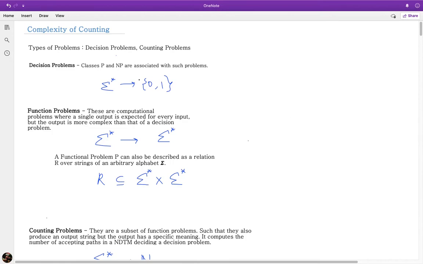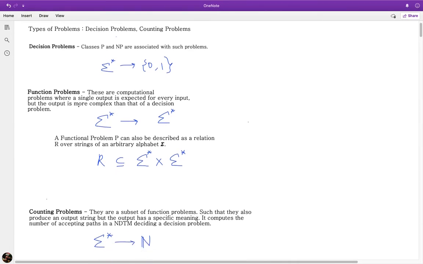So we first defined decision problems, and what function problems are, and how counting problems and decision problems are subsets of function problems.